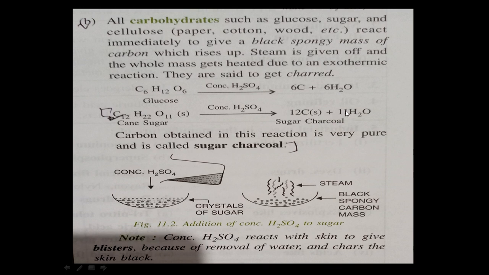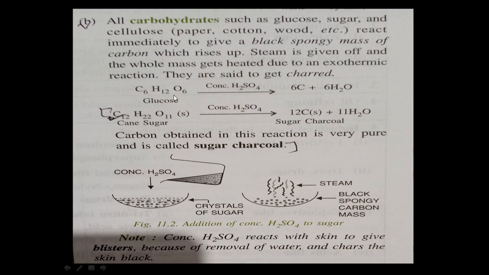Water will be totally removed. If you happen to spill concentrated sulfuric acid on your skin, then the affected portion of your skin will be totally dry. That means it is a strong dehydrating agent. It can remove water molecules from any compound.